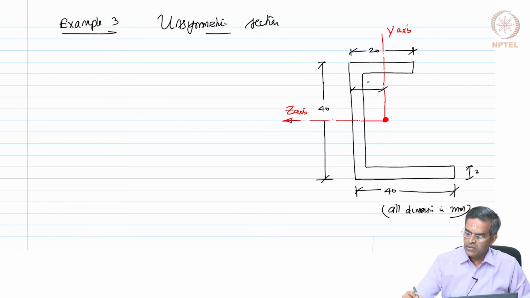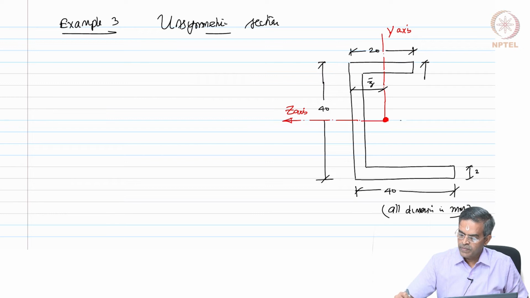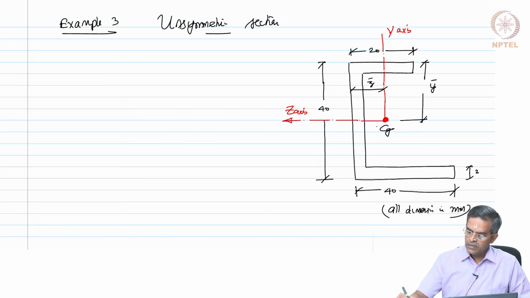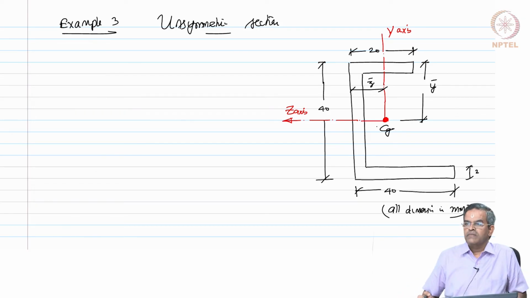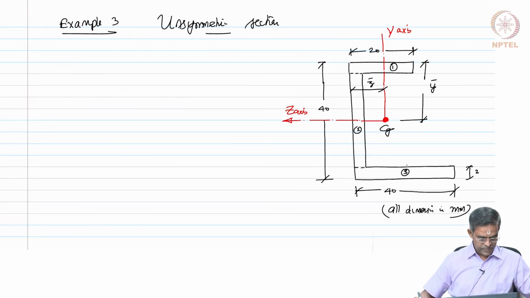I call this z bar and this y bar. This is the CG, not the shear center. We will divide this into 3 parts: component 1, component 2 and component 3.